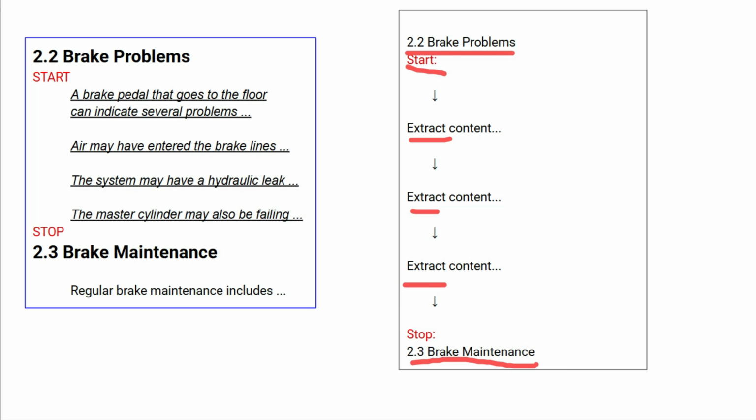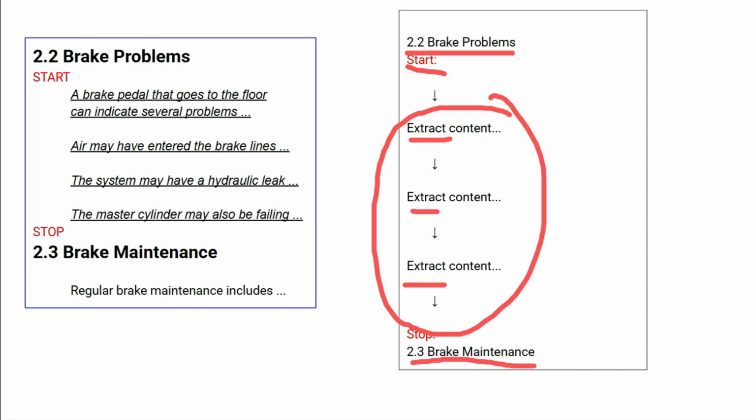For example, start at 2.2 brake problems, extract content, and stop just before 2.3 brake maintenance. Now we have the actual content for section 2.2 and that content can be passed to the LLM.